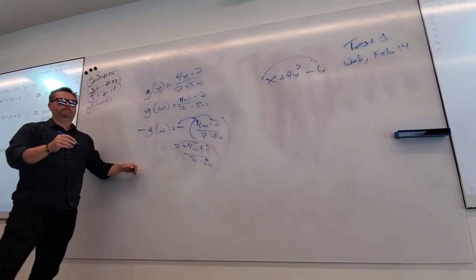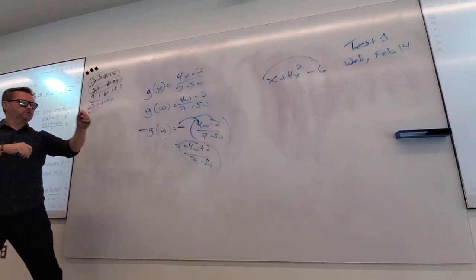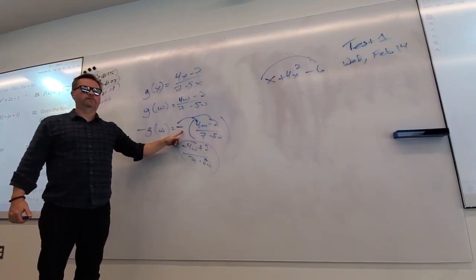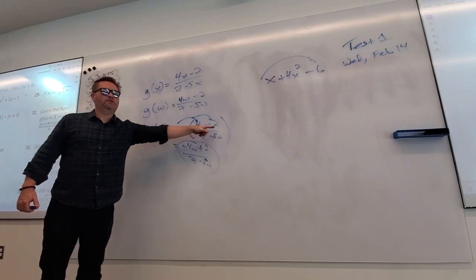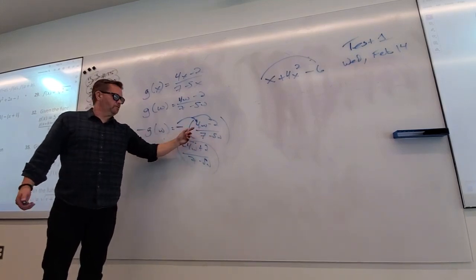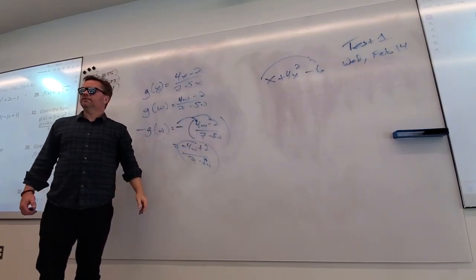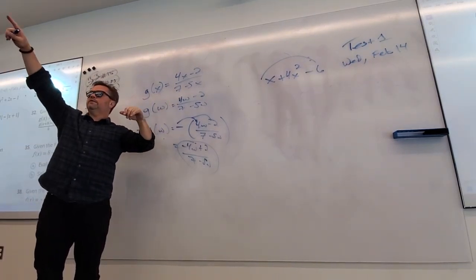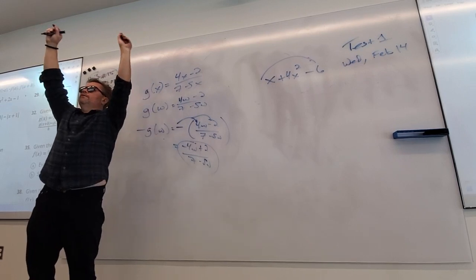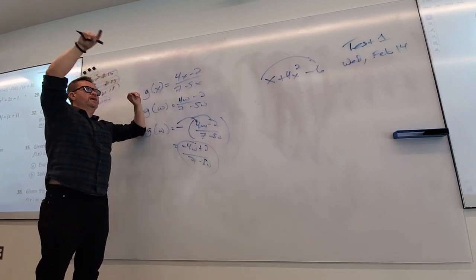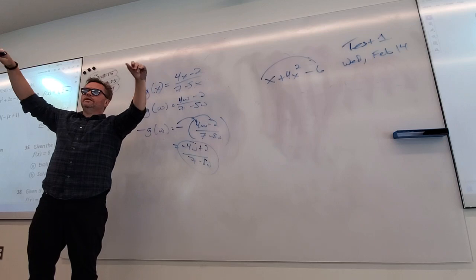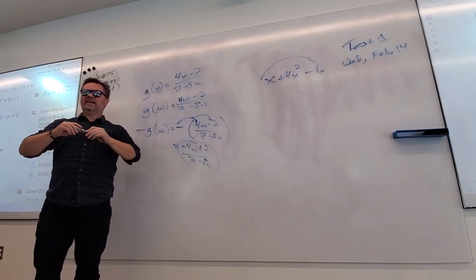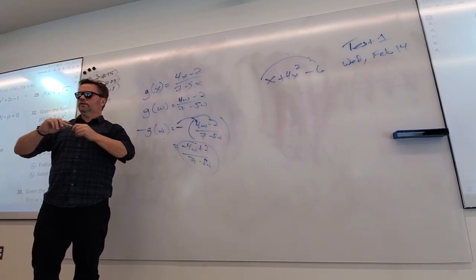Done. Why don't I multiply the bottom by negative also? How many negatives are here? It can only go to one or the other, so I normally just put it in the top. Doesn't matter. You guys, is that all right? I think the question right before that is f of negative a. But to do negative f of a, just figure out what f of a is and then change the sign. Just do the negative of that. Okay.